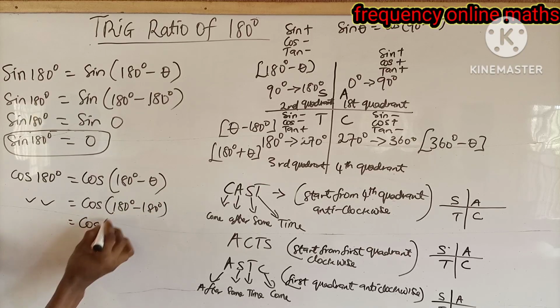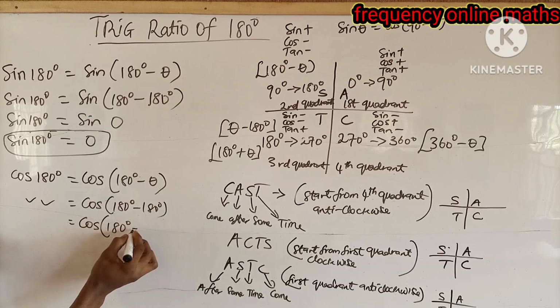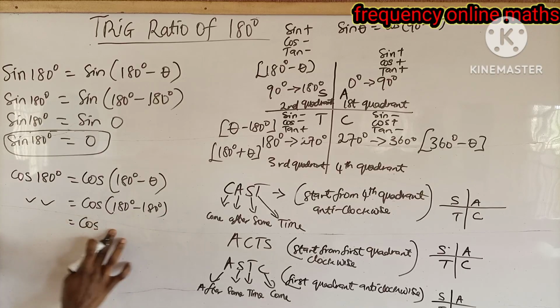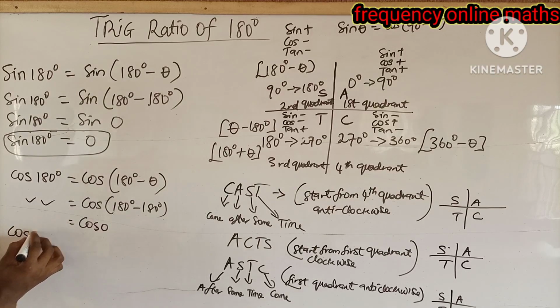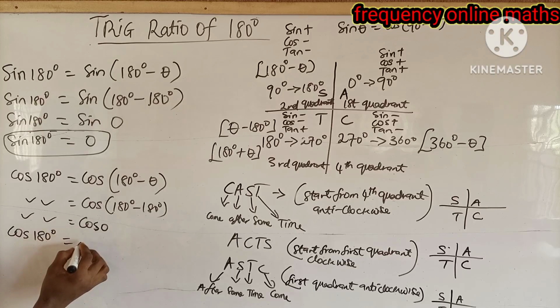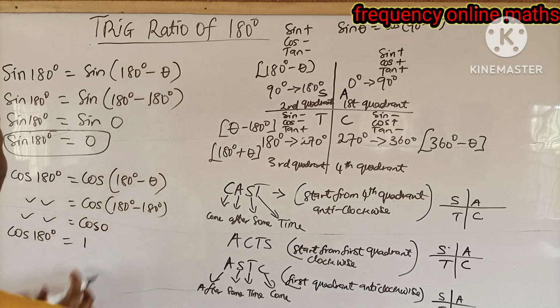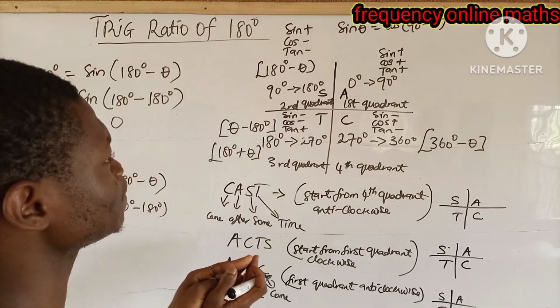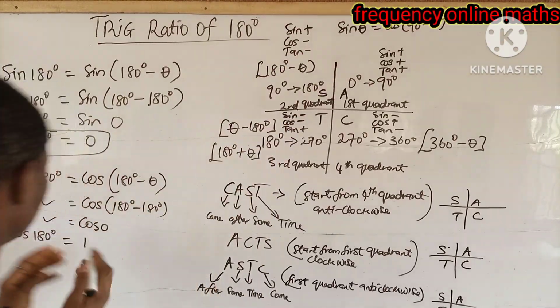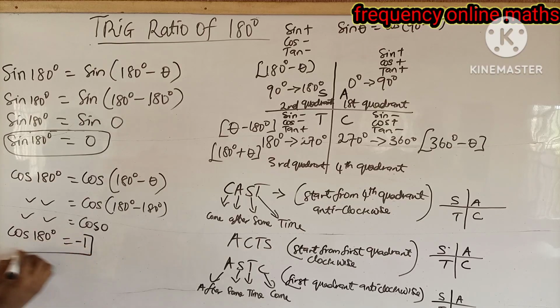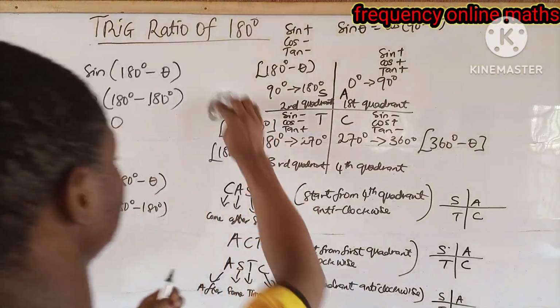So cos 180 degrees is equal to cos 0, which is 1. So this is our answer. Now we come to this place, 180 degrees. Cos is negative. So we are going to attach negative 1 here.